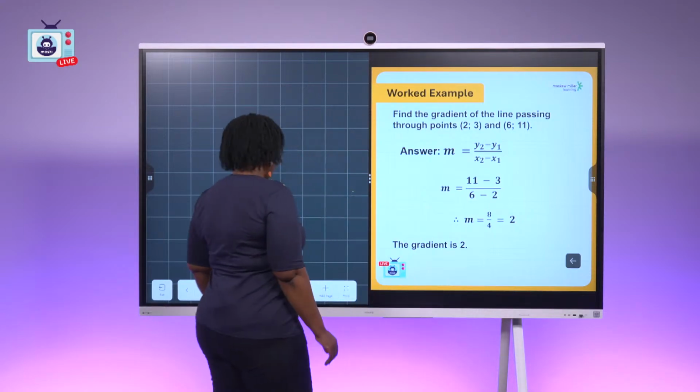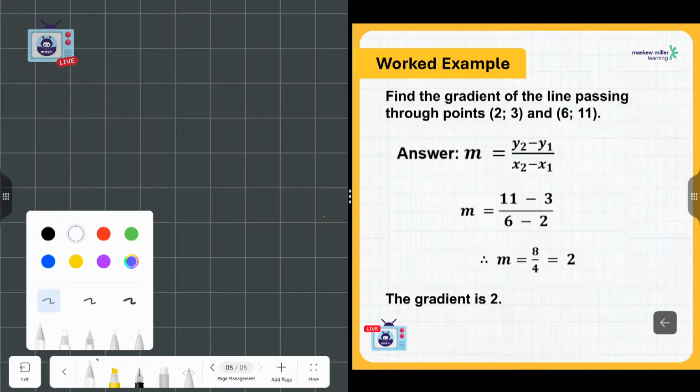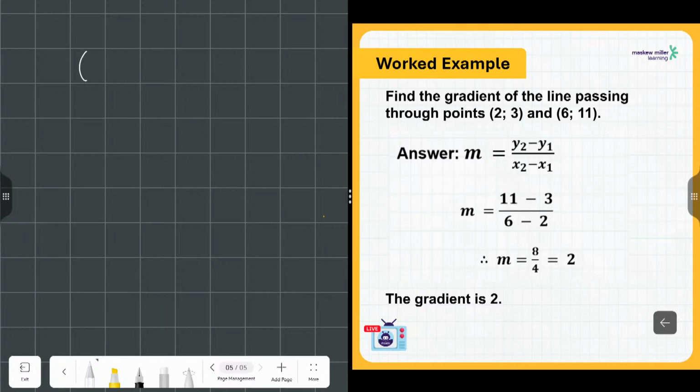So how do we calculate the gradient? I've put some examples that are already worked out. Every time you are given 2 points, you need to know how to calculate the gradient. So for example, say we have a point (2, 3), as well as another point (6, 11).